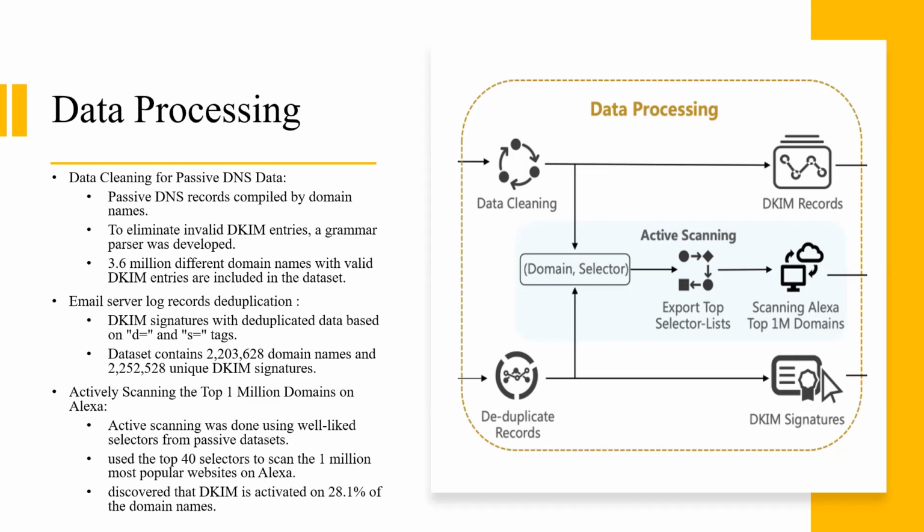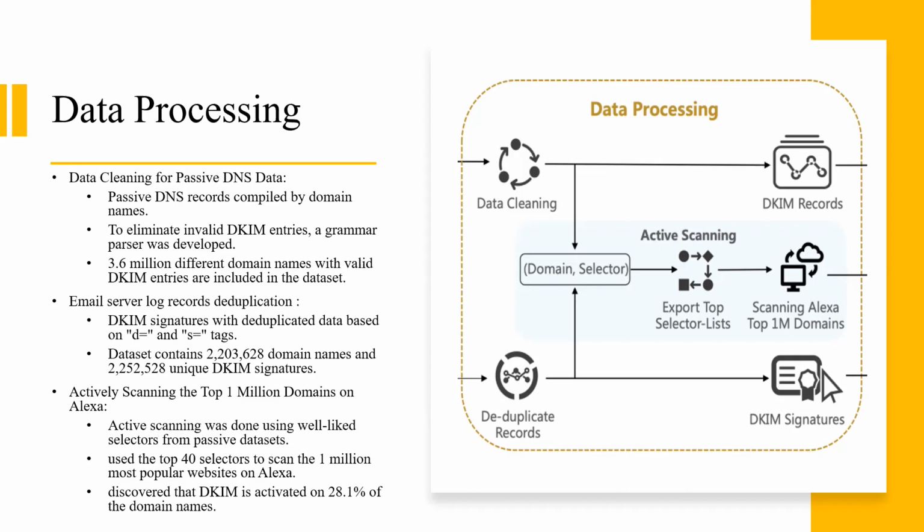The second step in data processing is email server log record deduplication. In this step, DKIM signatures with duplicated data are removed based on the d= and s= tags.